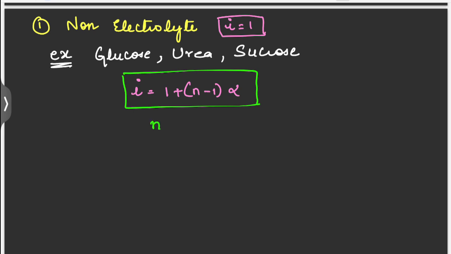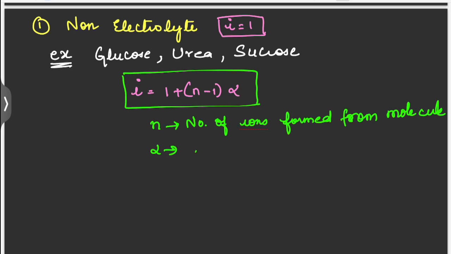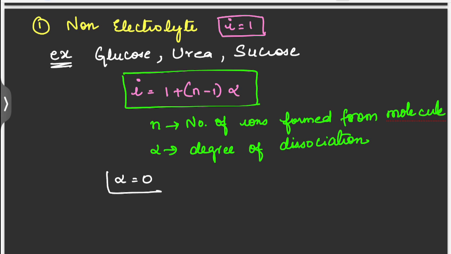What is n here? n is the number of ions formed from a molecule, and alpha is the degree of dissociation. Now what is the value of alpha for non-electrolyte? The value of alpha will be equal to 0 because they are non-electrolytes.